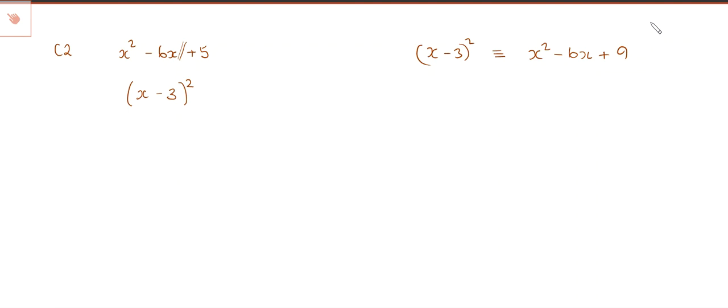However, now it's not that we don't need it at all, we need to leave 5. So we don't subtract the whole thing, we need to subtract 4 to make 5, okay? So I'm going to need to be careful with those. But that equals that, so to complete the square, I've got plus 9, I want plus 5, so I have to subtract the 4.